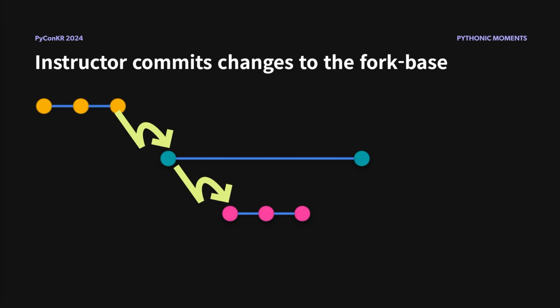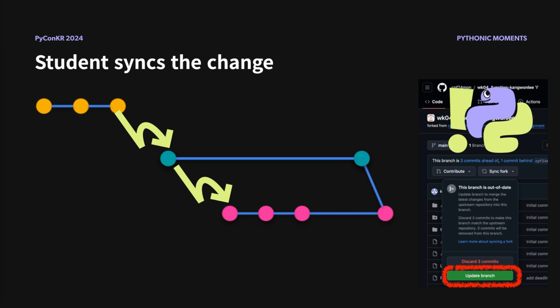Then the instructor can push the test to the fork base. And then, using GitHub's UI like this, there is a button that will allow them to merge the upstream fork changes into their individual repositories.